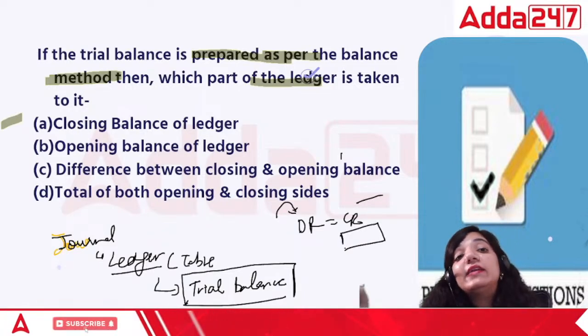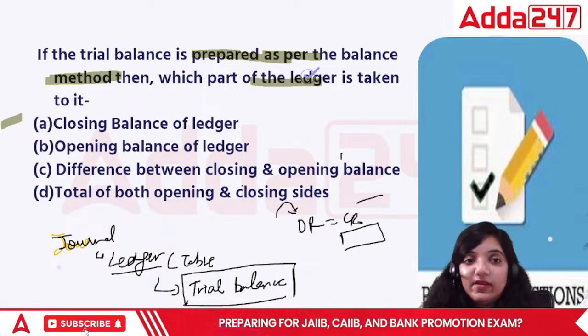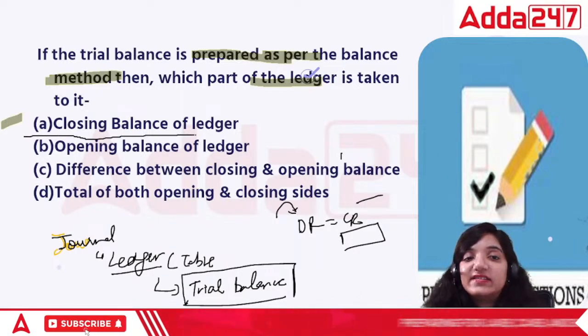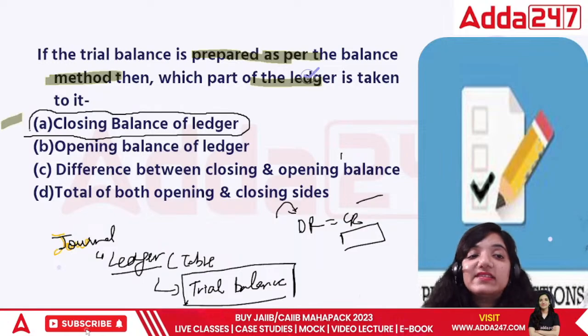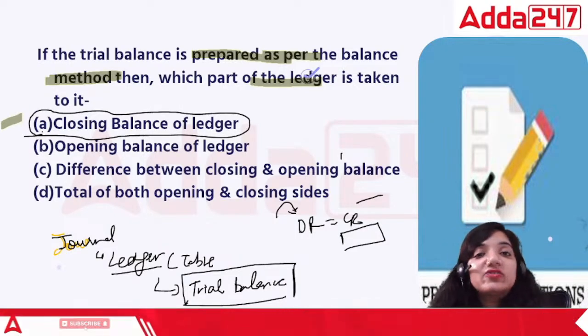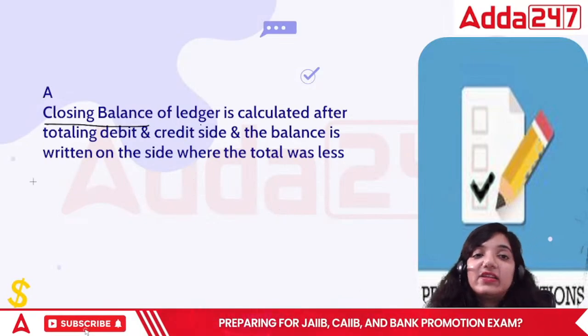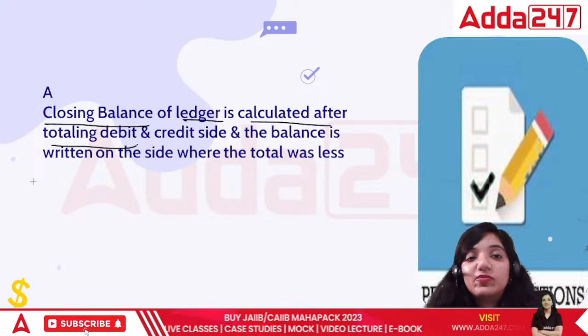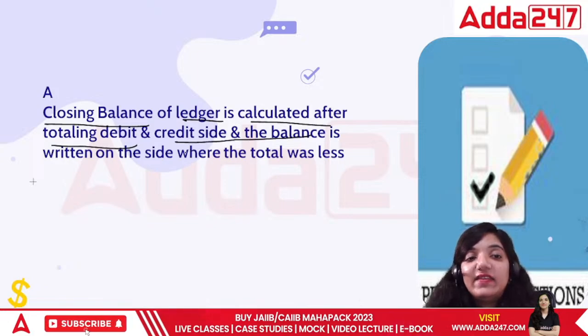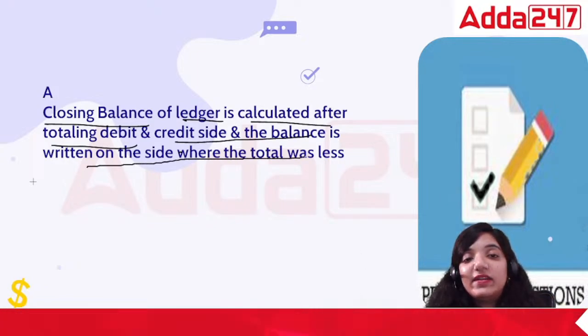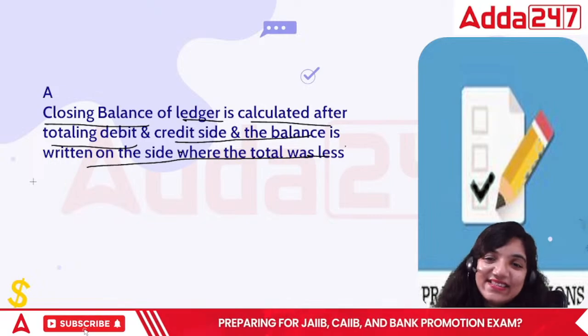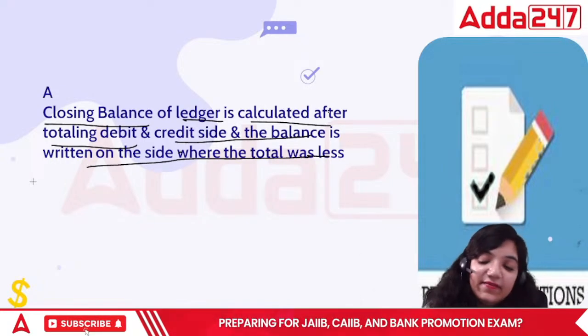So in the balancing figure method, we take the closing balance. Whatever the balance is by the end of the year has to be taken. So the first thing is A. The closing balance of the ledger is calculated after totaling the debit and credit side, and the balance is written on the side where the total was less. Okay.